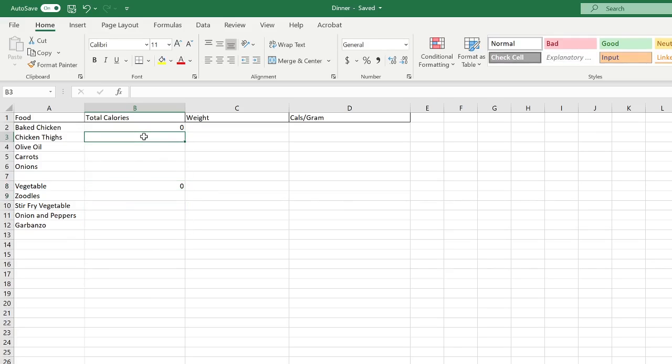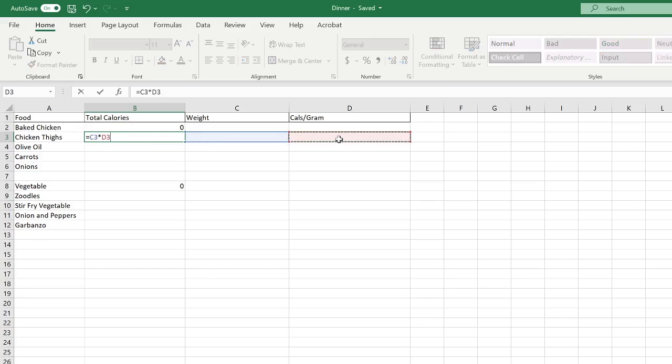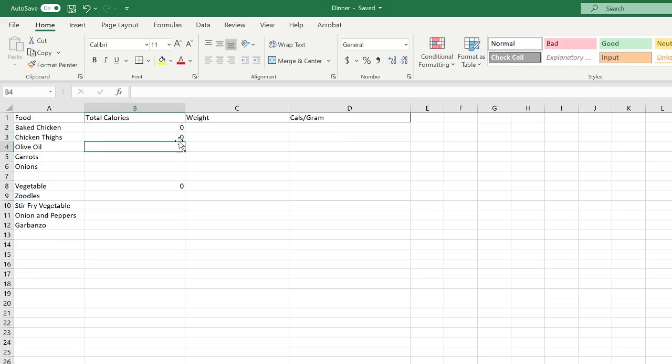To calculate the calories of each individual ingredient, we are going to multiply the weight by the calories per gram. You can use calories per ounce or whatever weight measurement unit you want to use.